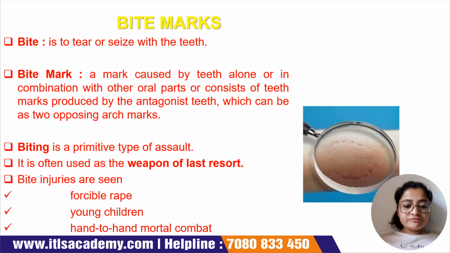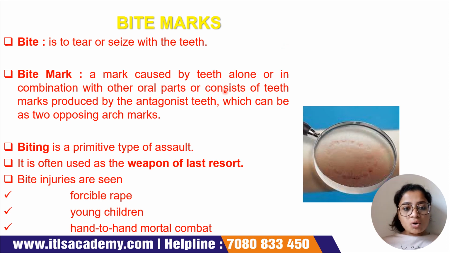So now how do you define bite? Bite means to tear or seize with the teeth. So this is a typical bite mark that I have given over here, the image of a typical bite mark. Now how will you define a bite mark?